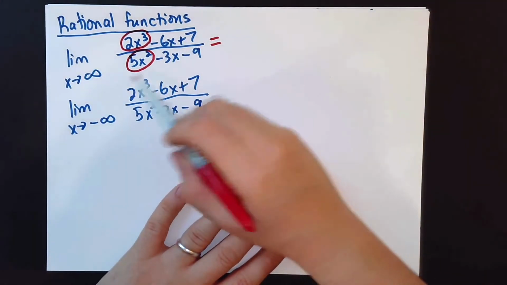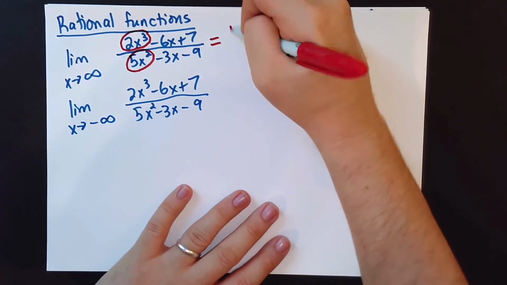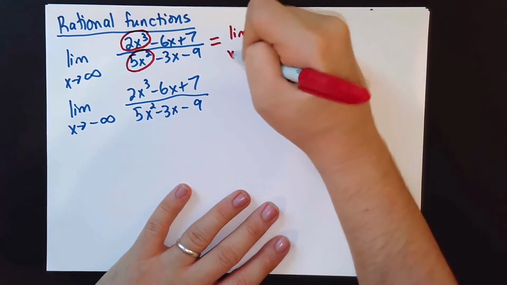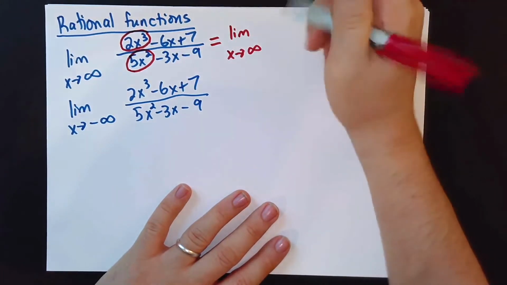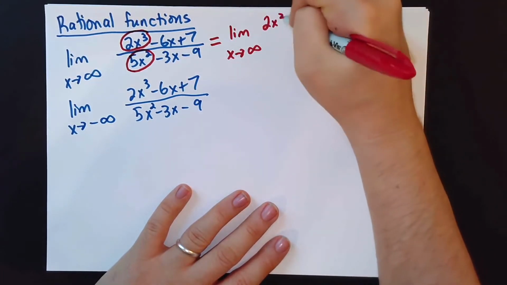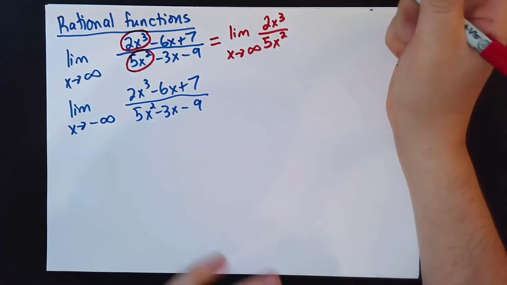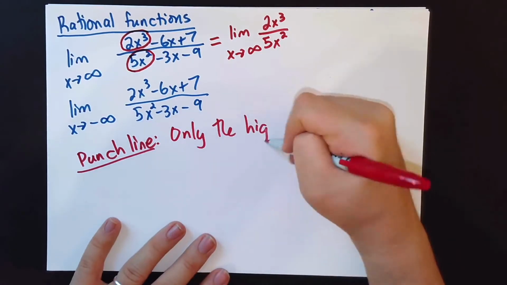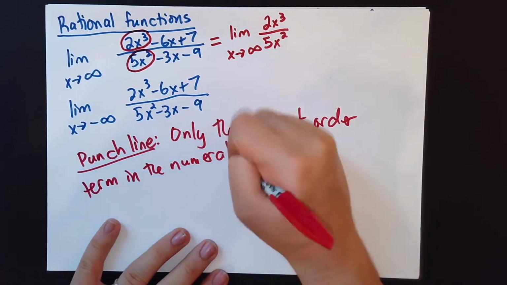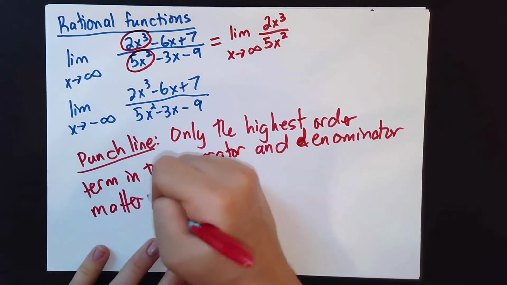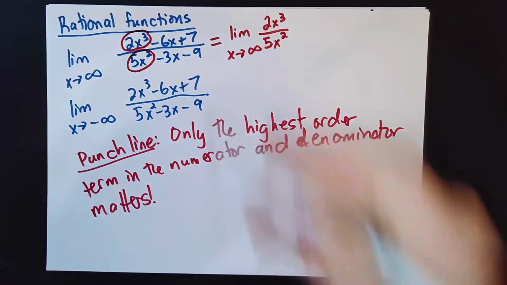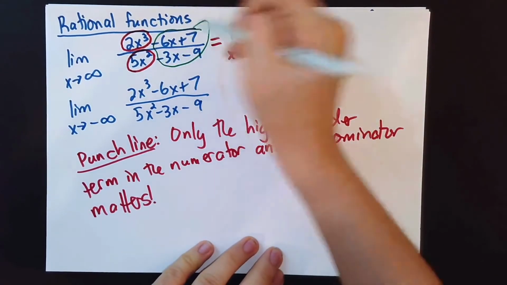And so what does that mean? That means that this is going to behave exactly like the limit as x goes to infinity of 2x cubed divided by 5x squared. So the punchline is only the highest order term in the numerator and the denominator matters. So all of this junk does not matter.